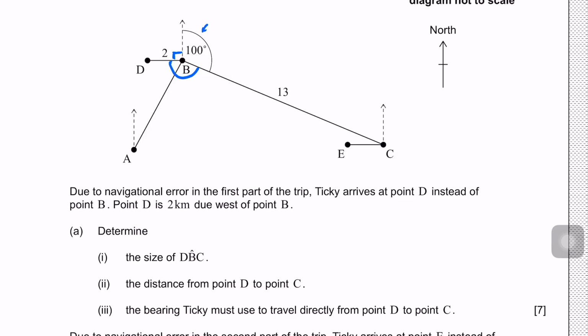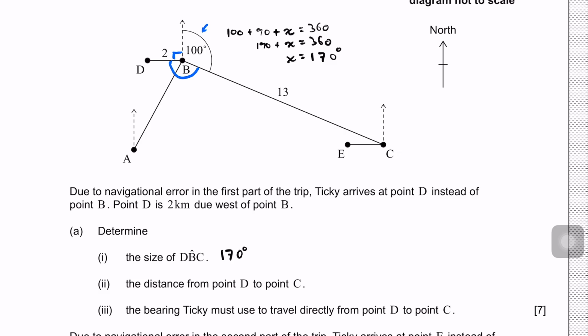So let's actually just write it out here. 100 plus 90 plus whatever this DBC is, let's just call it X for now, is equal to 360. 190 plus X is equal to 360. And we say, okay, what's that missing piece? Looks like it is 170. And that's what DBC would be. So what is DBC? It is 170. Let's put degrees there. Okay.